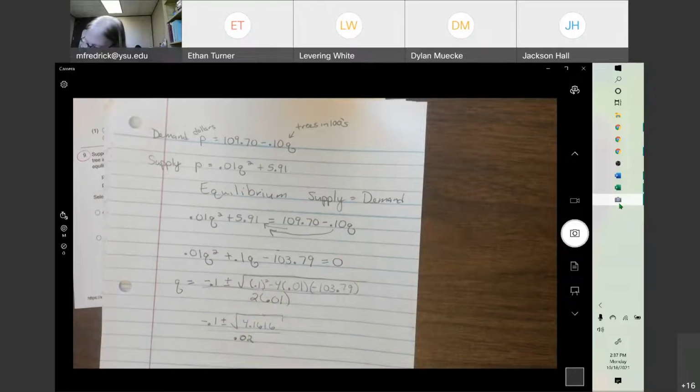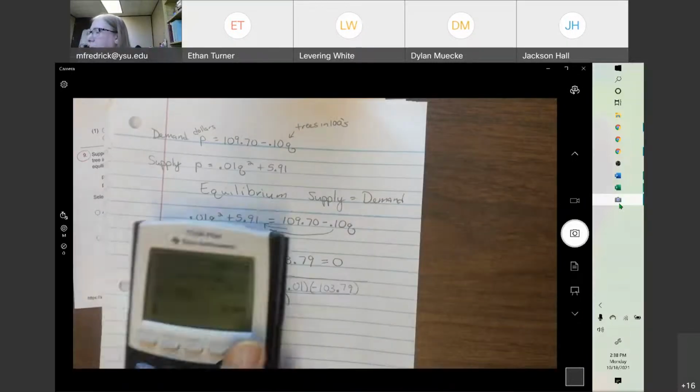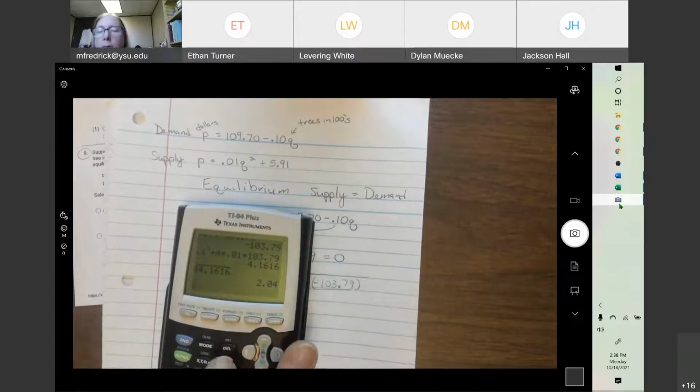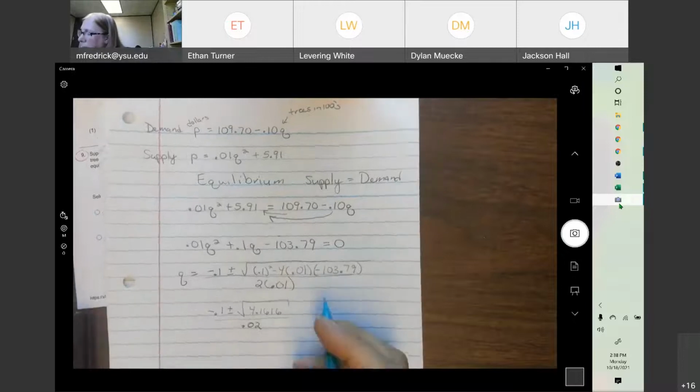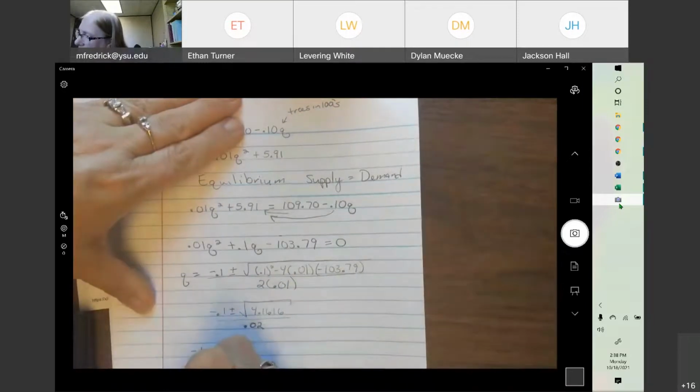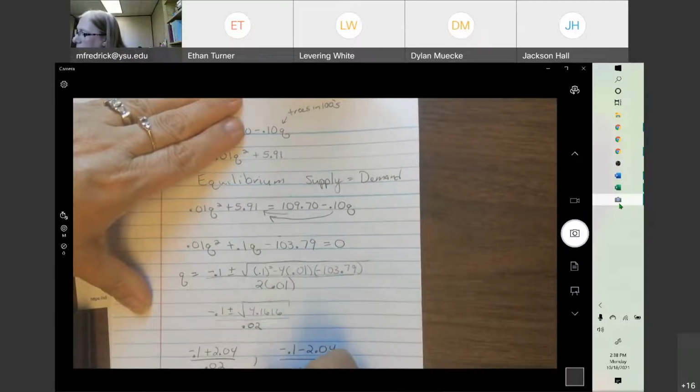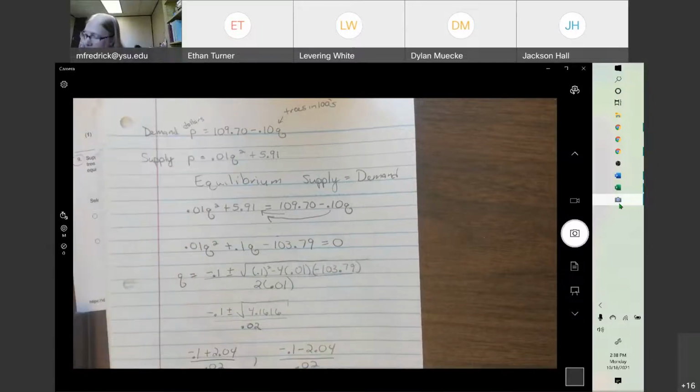And I think that has a perfect square root. Yeah. The square root of this is 2.04. We have a negative 0.1 plus 2.04 divided by 0.02 and negative 0.1 minus 2.04 over 0.02.